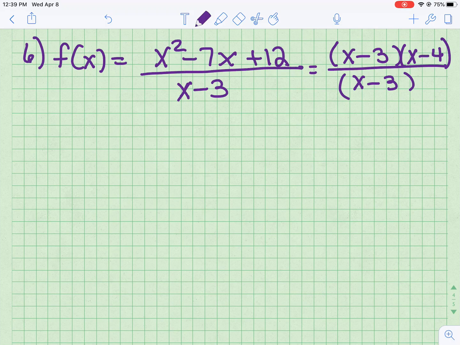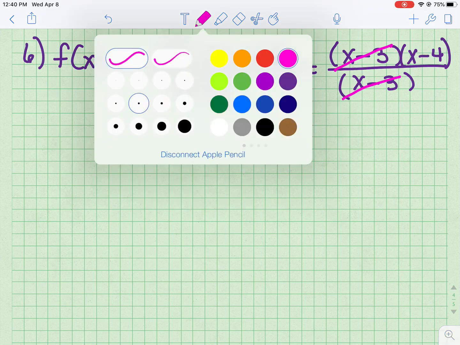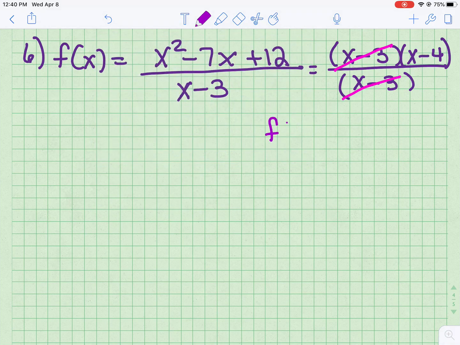I see a chunk that can be canceled out. As soon as I know I'm canceling something, I know I'm going to have a hole. So I'm canceling these out, and what I'm left with is f of x equals x minus 4, which is just a line that starts at -4 with a slope of 1.